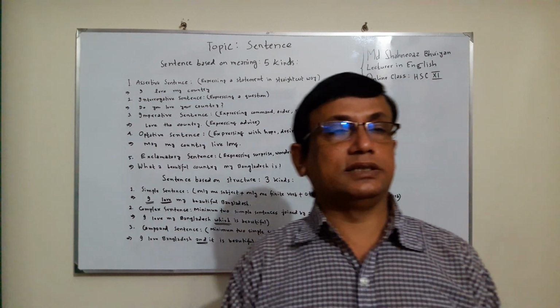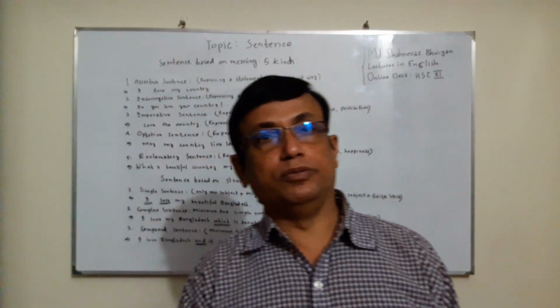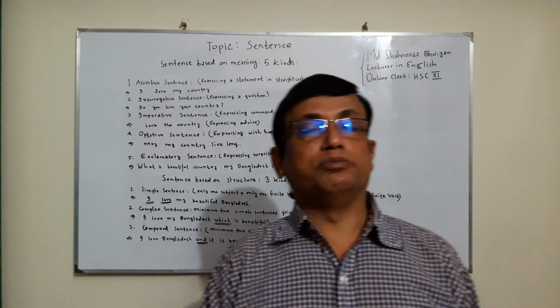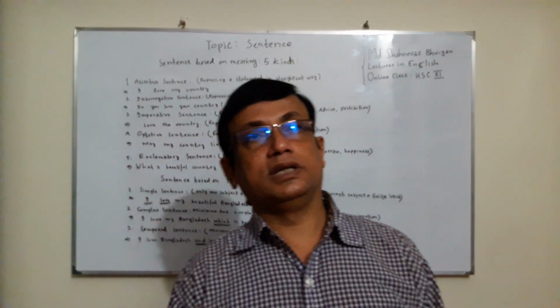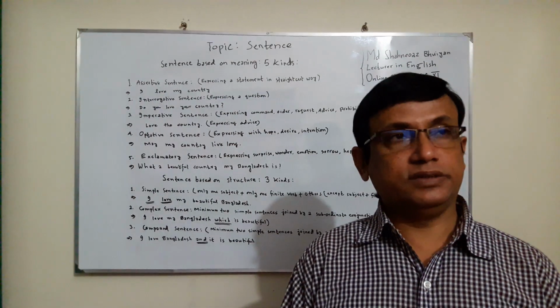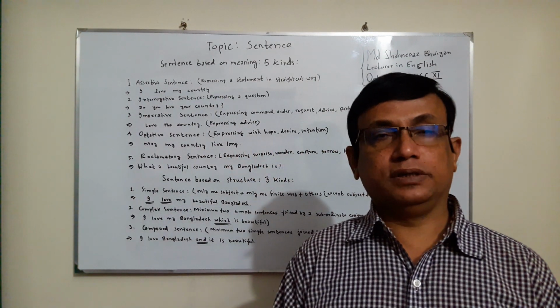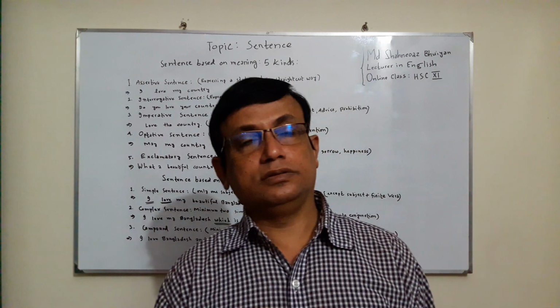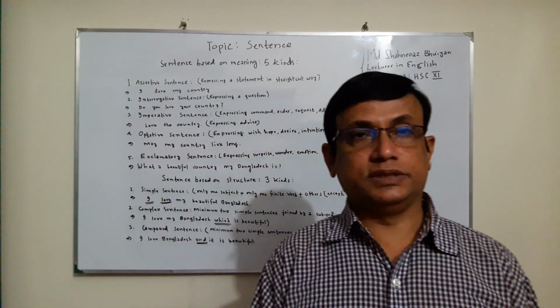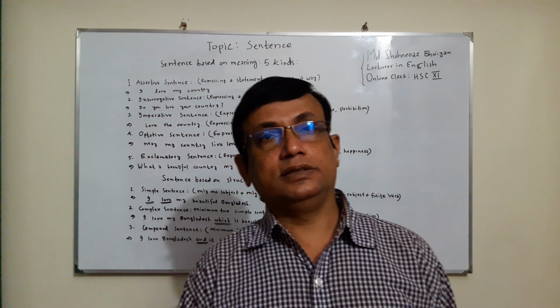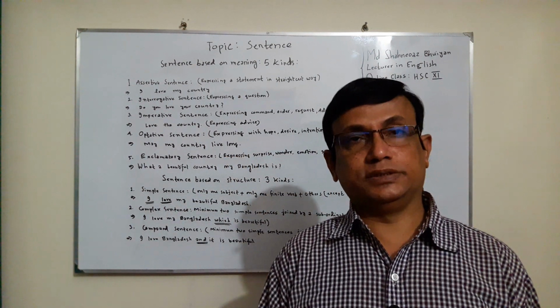For example, I can say, may you live long. It is an optative sentence, but actually it is an affirmative optative. But if I say, may you not be happy, it is also an optative sentence, and it is a negative optative sentence.